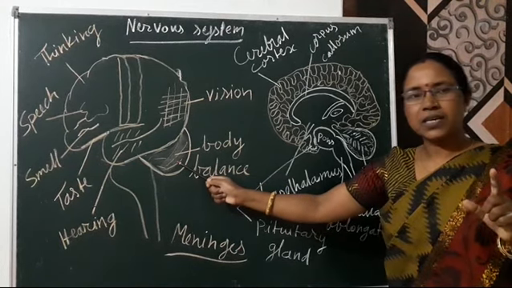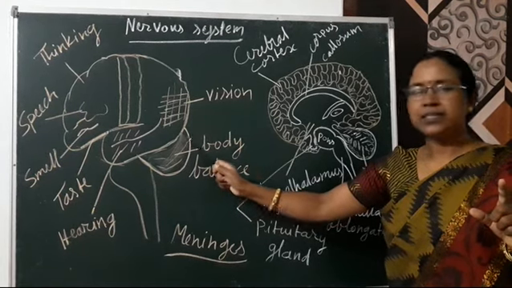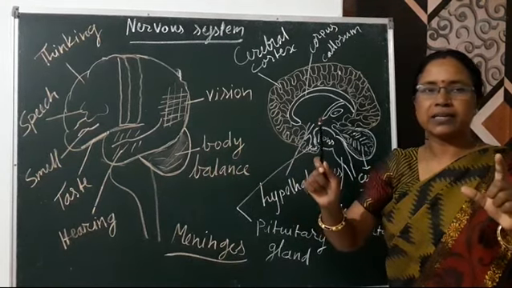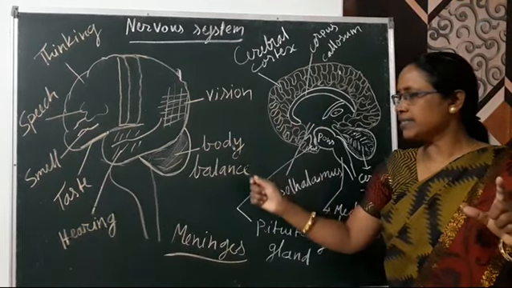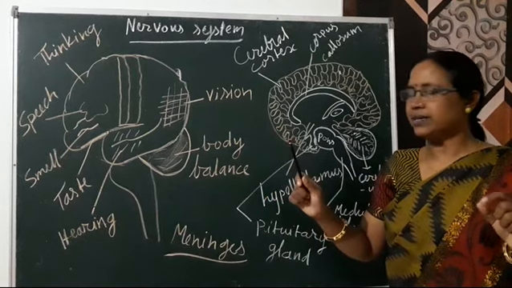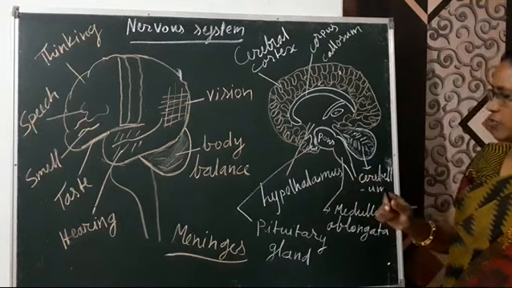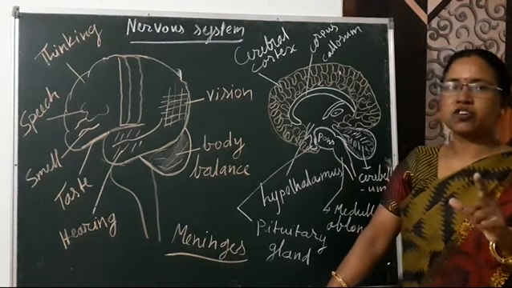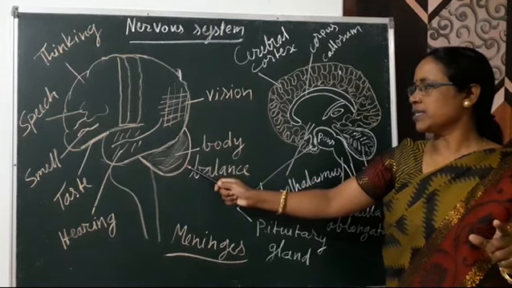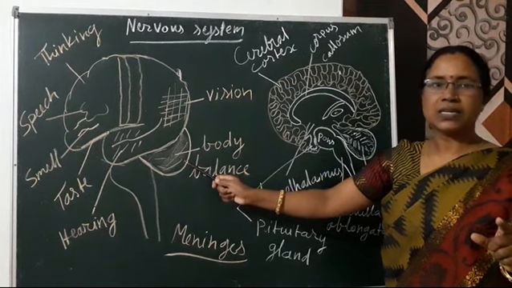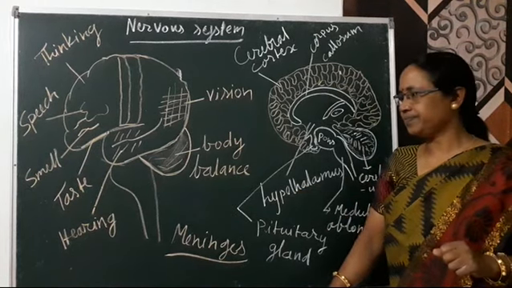So the effect of the alcohol does not allow proper coordination and balancing of the body. That's why they work clumsily. So in a proper way you give the answer: the effect of alcohol does not allow the balancing of the body and proper coordination of muscular activity. That's why the person works clumsily.